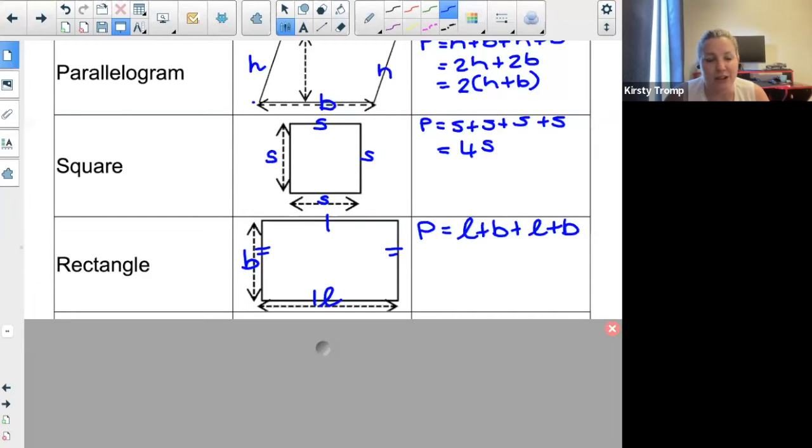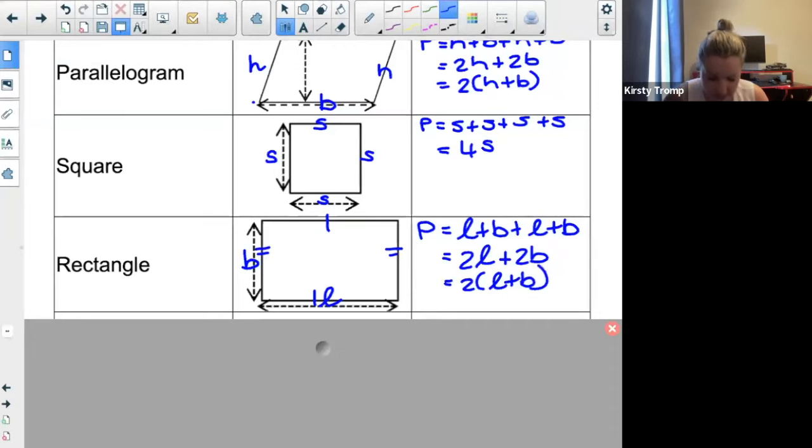All right, now you guys are getting it. Awesome, cool. Or I'm going to say 2 lengths plus 2 breadths. Or, exactly, I can take out the 2 and I've got 2 times (length plus breadth).